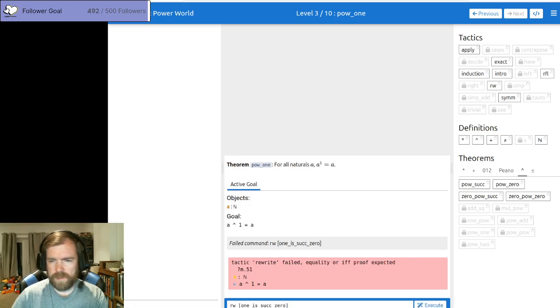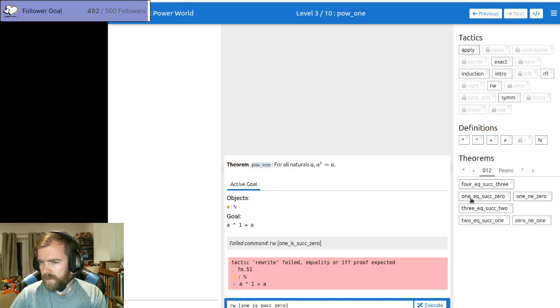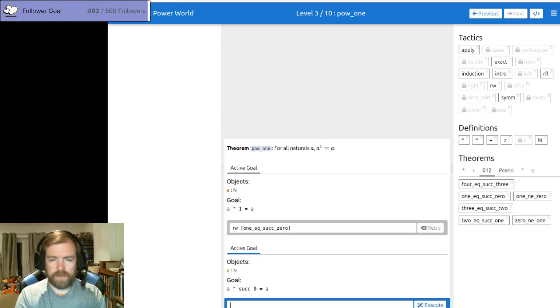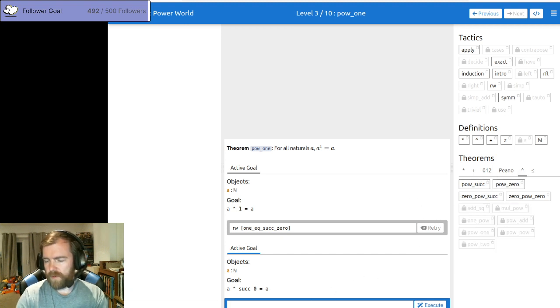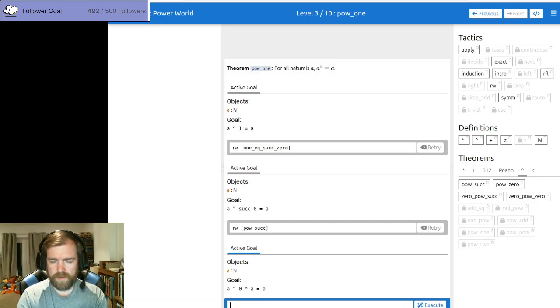No, that's not right. Numbers equals. Okay, and then we go back to the exponentiation. This is going to be rewrite power successor. Rewrite power 0.